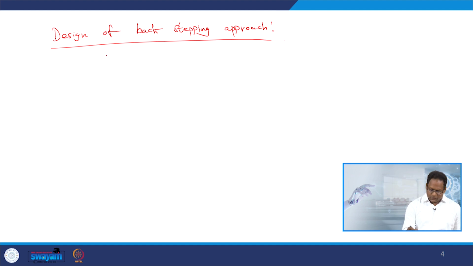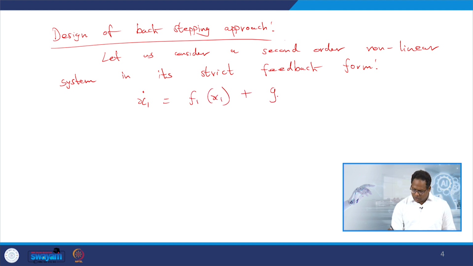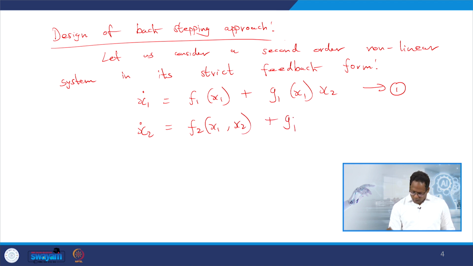So, now let us consider a second order nonlinear system in its strict feedback form given by x1 dot equal to f1 of x1 plus g1 of x1 multiplied by x2, and x2 dot equal to f2 of x1 comma x2 plus u, because it is only second order.